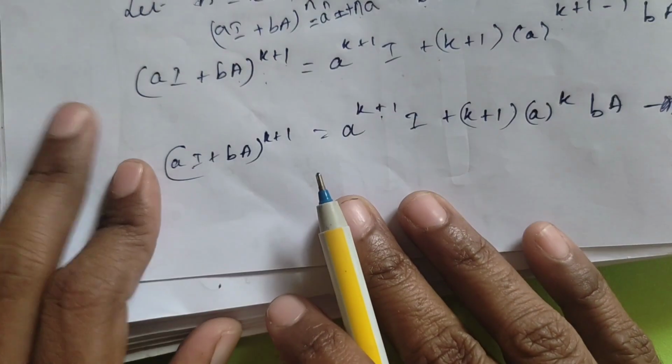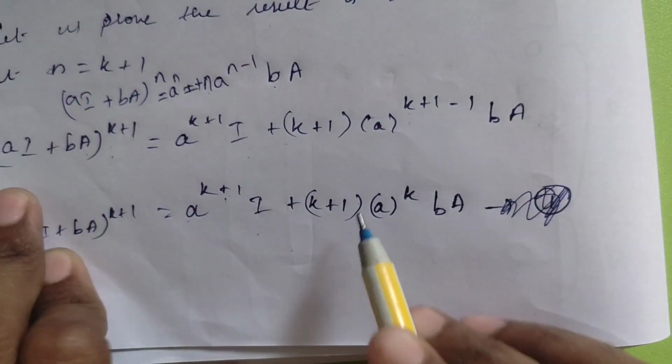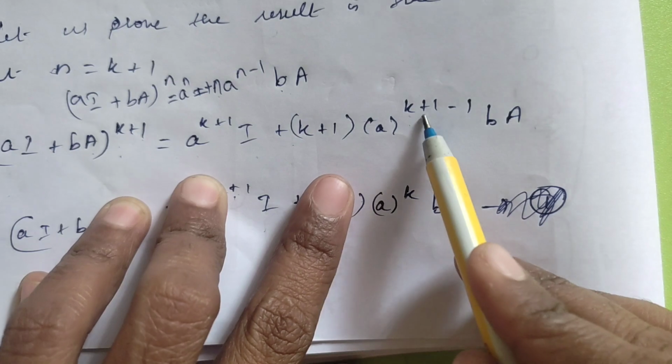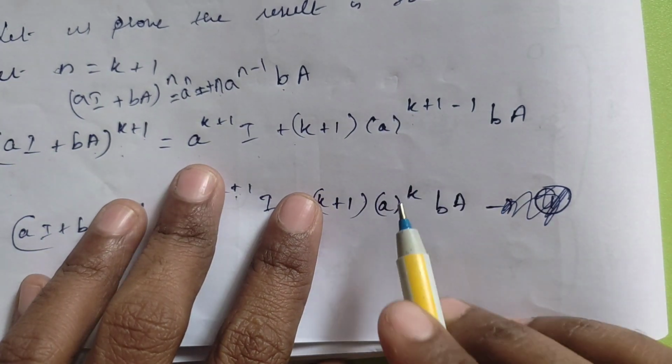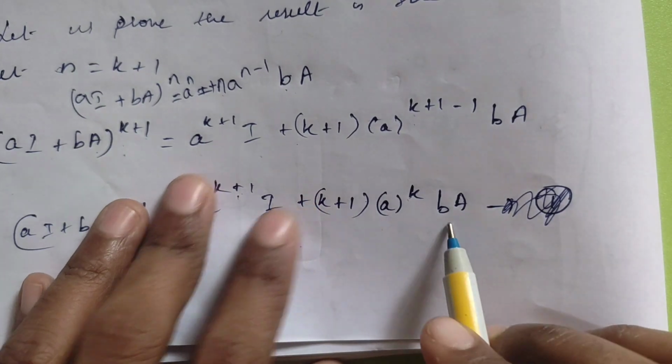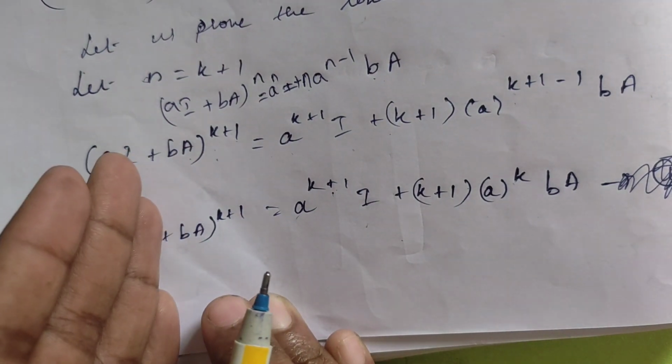On simplification, what happens? a^(k+1) I plus (k+1) a^k bA, since k plus 1 minus 1 becomes k. Now let me take our LHS.